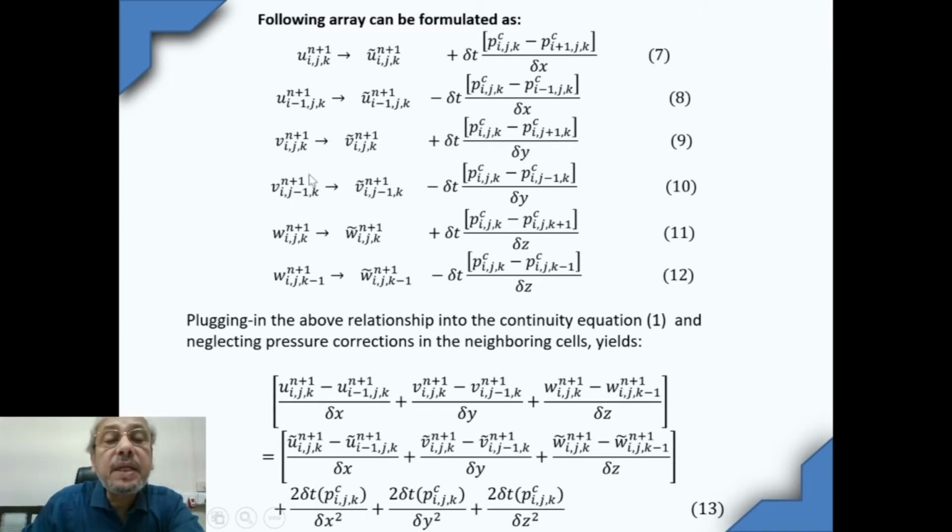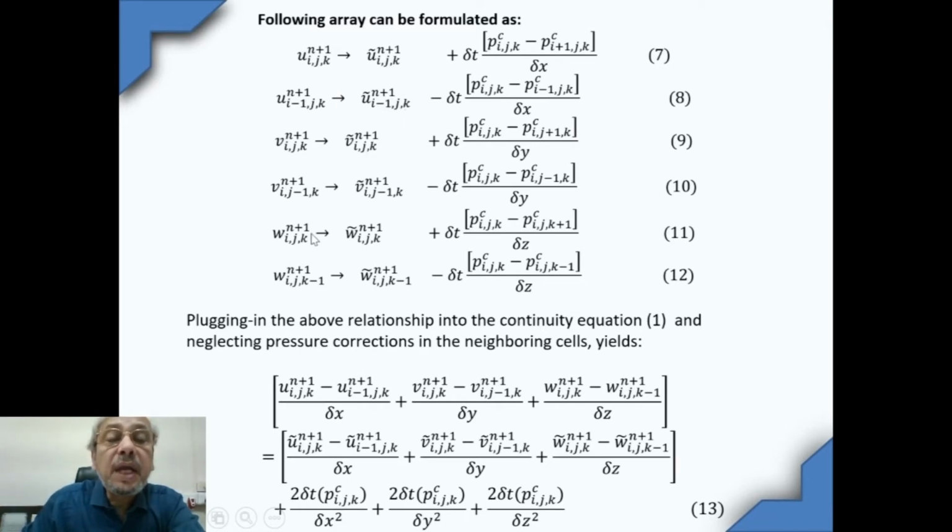Now Vij minus 1k at the level n plus 1 is basically again the provisionally advanced velocity at Vij minus 1k, and this is the correction term. We are using pressure correction. Effectively, this complete quantity is the velocity correction. So these pressure corrections are contributing to the correction for the velocity.